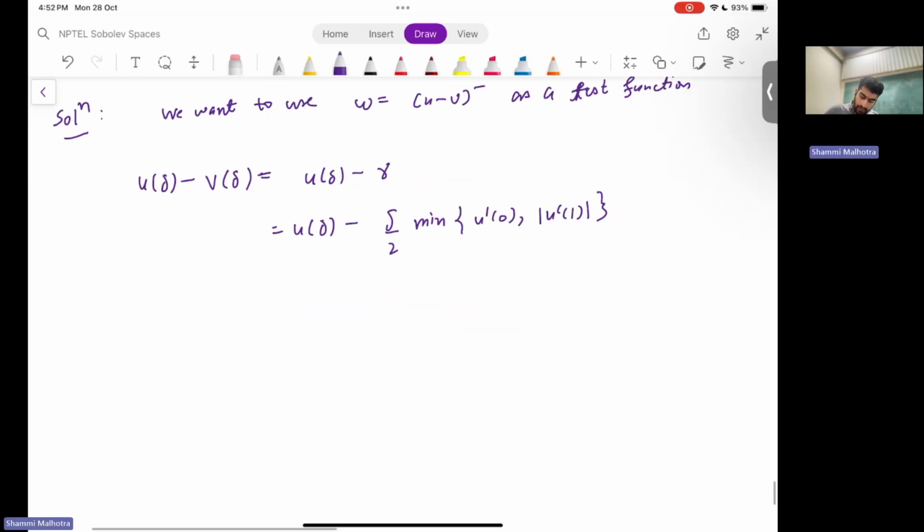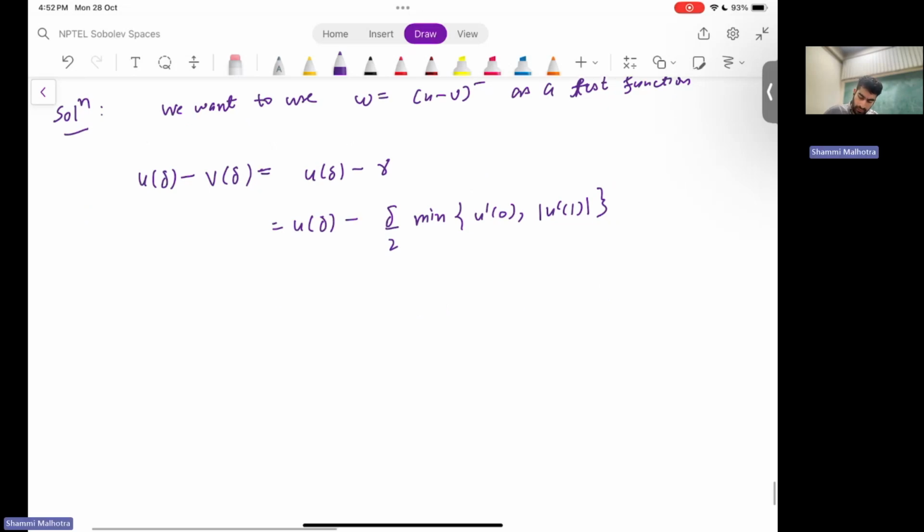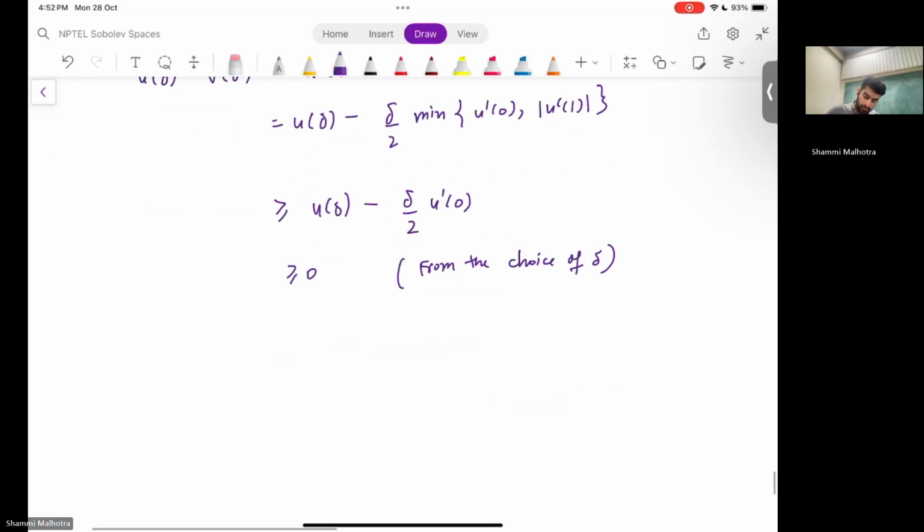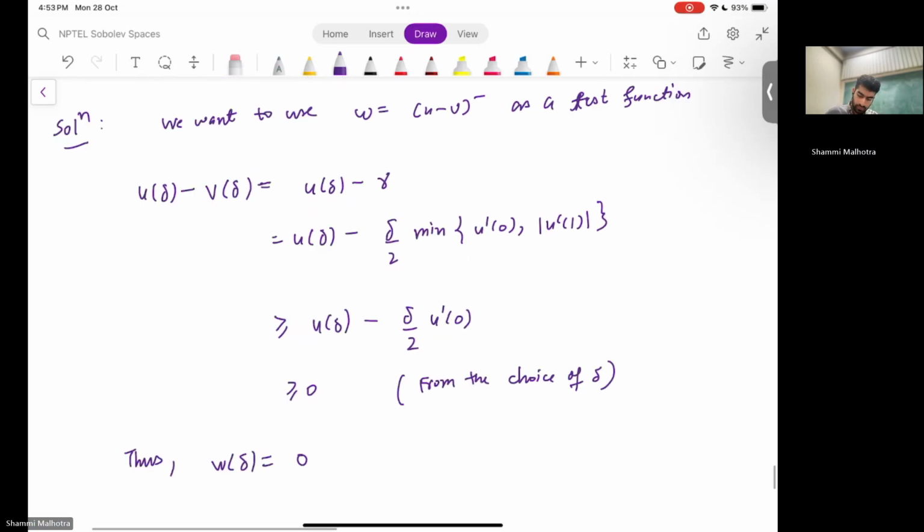And once that is the case, I know that this is greater than or equal to u of delta minus delta by 2 u dash 0. And from the assumptions and the continuity, we deduce that this thing is actually greater than or equal to 0 from the choice of delta, and thus w of delta is 0 because we're taking the negative part.